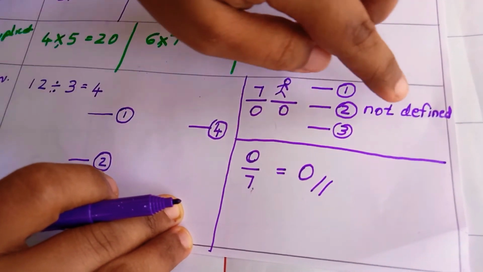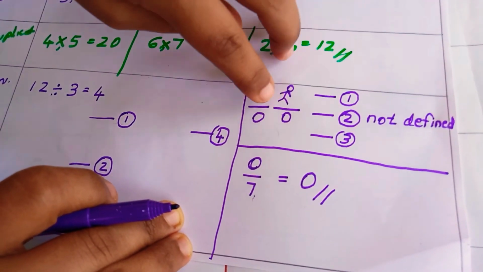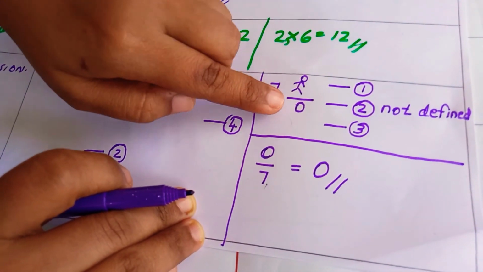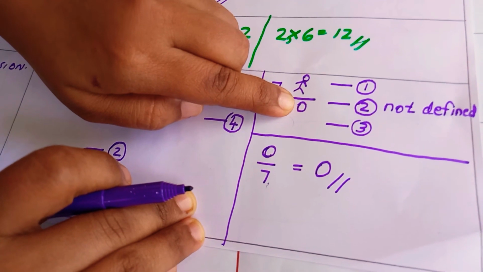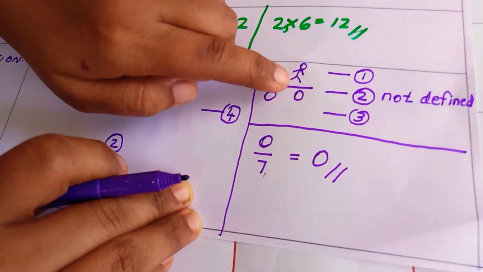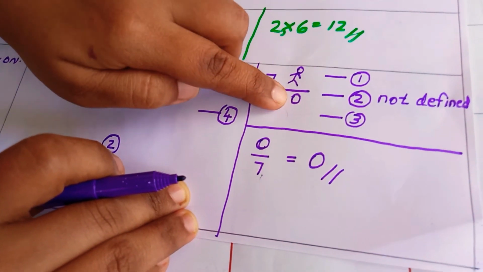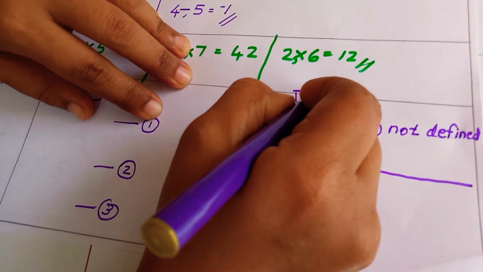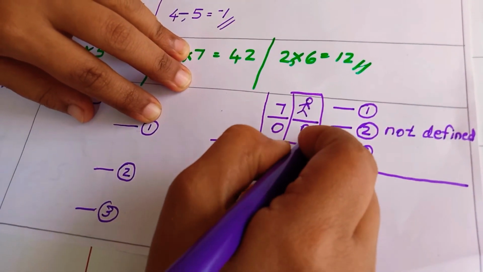No, it is not defined. I think this will be easy for you. This boy cannot stand on this ball. That means it is not defined. This is an easy way to remember this topic.